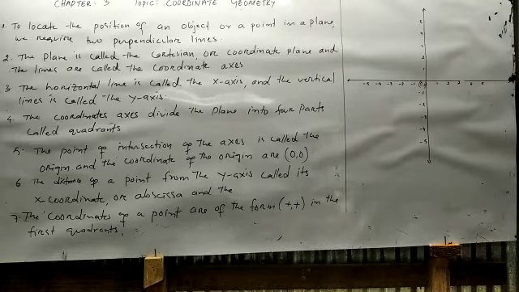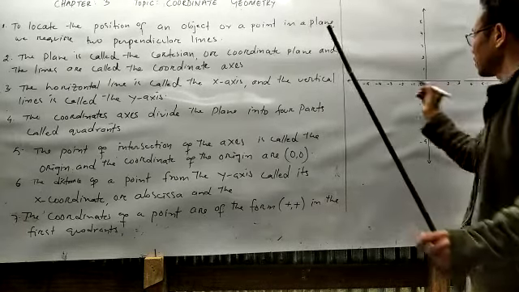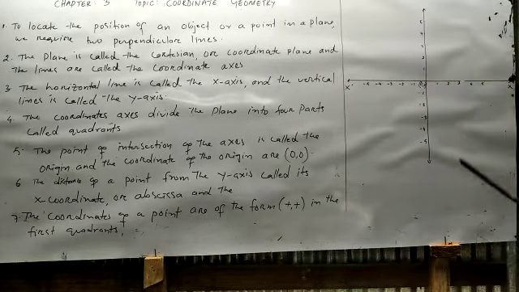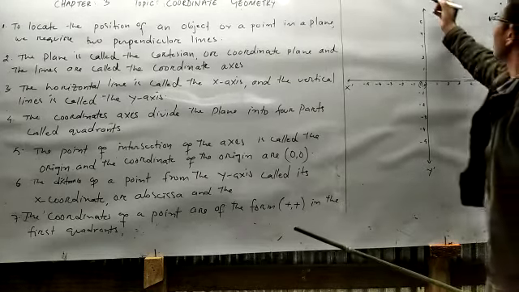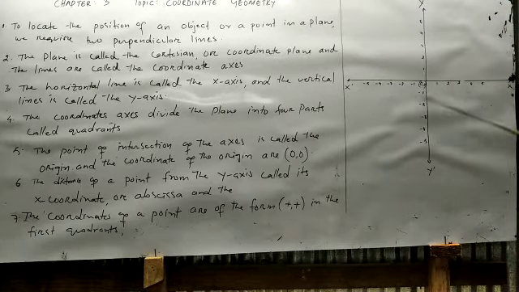Here, let us mark x positive, x negative on the horizontal line, and y negative, y positive on the vertical line. These two perpendicular lines intersect at a point. This point is called the point of origin, and we write it here as 0, 0.